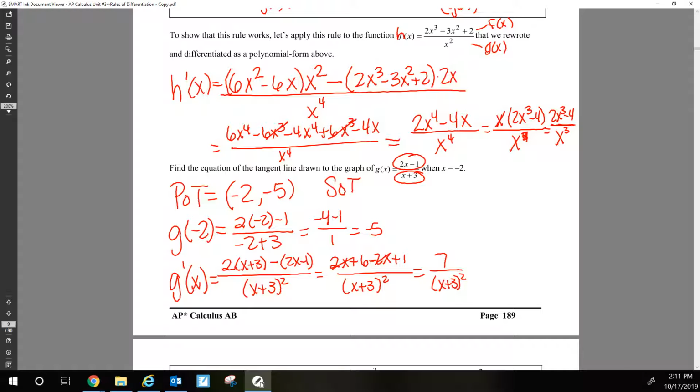That's g prime of x, so g prime of negative 2 would be 7 over negative 2 plus 3 squared. 3 minus 2 is 1, 1 squared is 1, 7 divided by 1 is 7. So the slope of the tangent line here is 7. And so my equation is y minus negative 5 is equal to that slope, 7, times x minus negative 2.